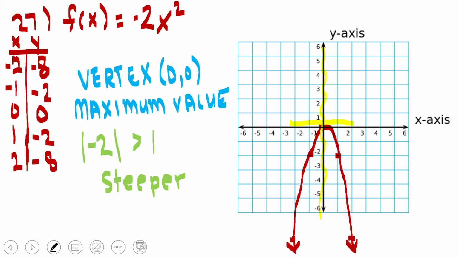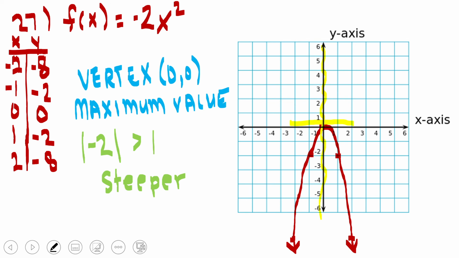So the range would be y such that y is less than or equal to 0, because it would include 0 with an equal sign and be all the negative numbers on the y-axis. I hope this helps in determining parts of a parabola.